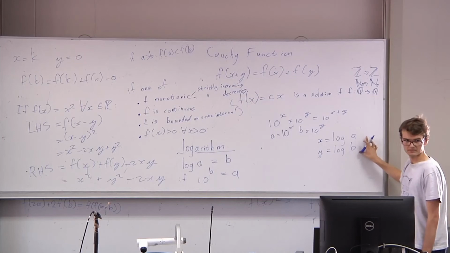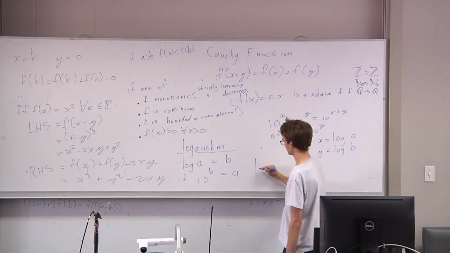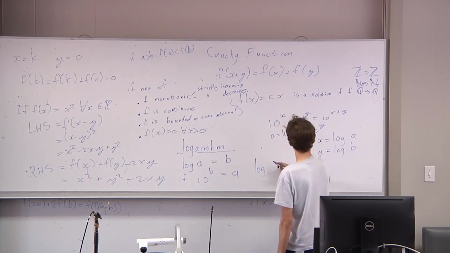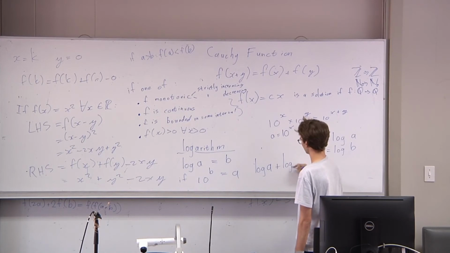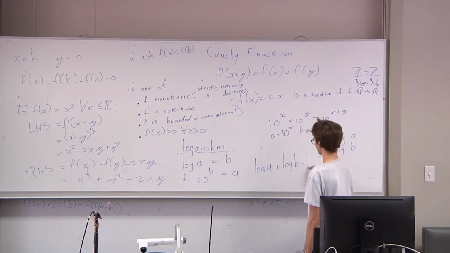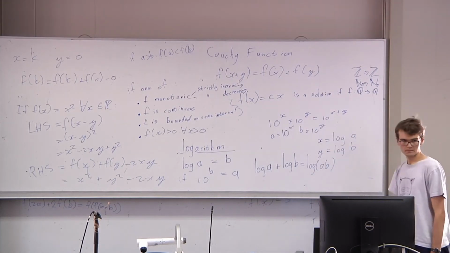So from this you can piece together, you get the property that the logarithm of a plus the logarithm of b is the logarithm of a times b. Okay?